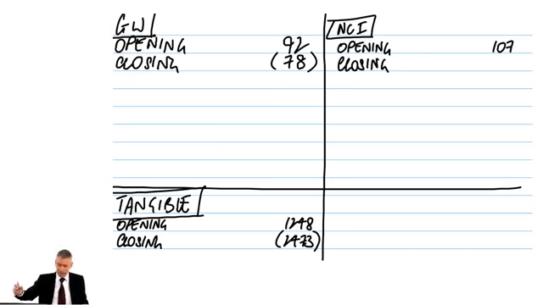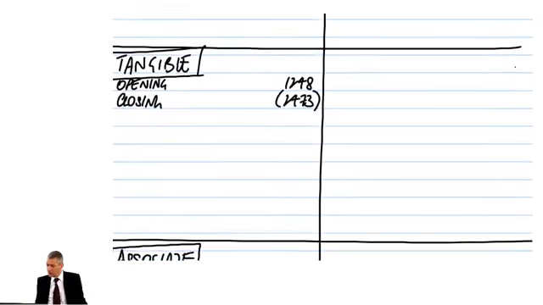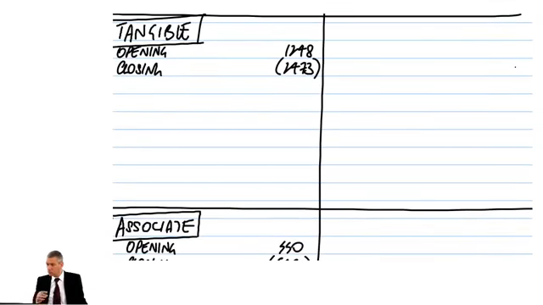I now have NCI of 157, opening roll, closing sausage. And then I drop down to tax, deferred tax. Now tax has got a particular element of pro forma, which is as follows.